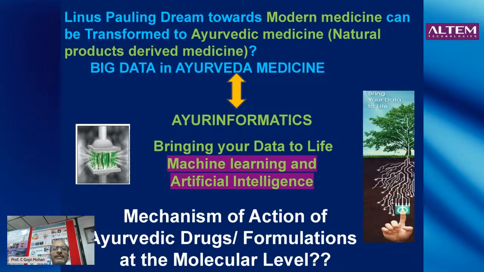Because there are differences between modern medicines and natural product or Ayurvedic medicines, which I think all of us know, because natural product derived medicines play an important role, but in culmination with Ayurvedic medicines they play a polypharmacological role, in which multiple molecules or different varieties of natural products, in a synergistic, combination or additive manner, play an important role in curing the disease.